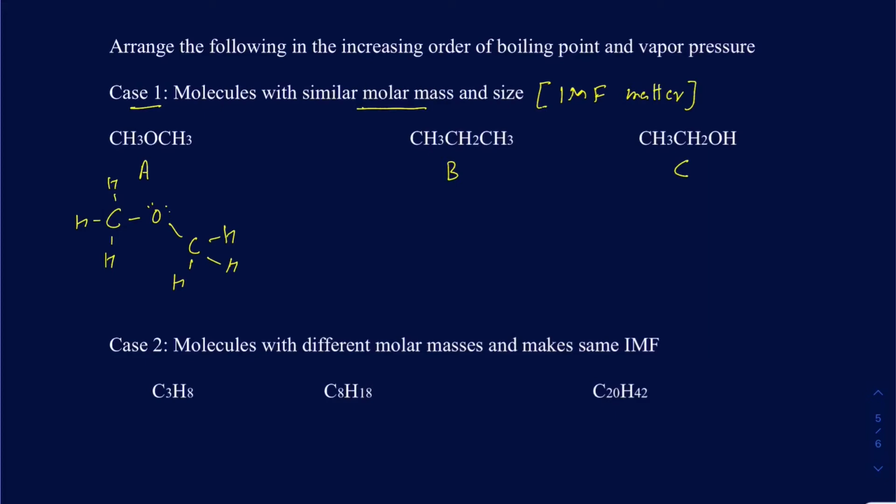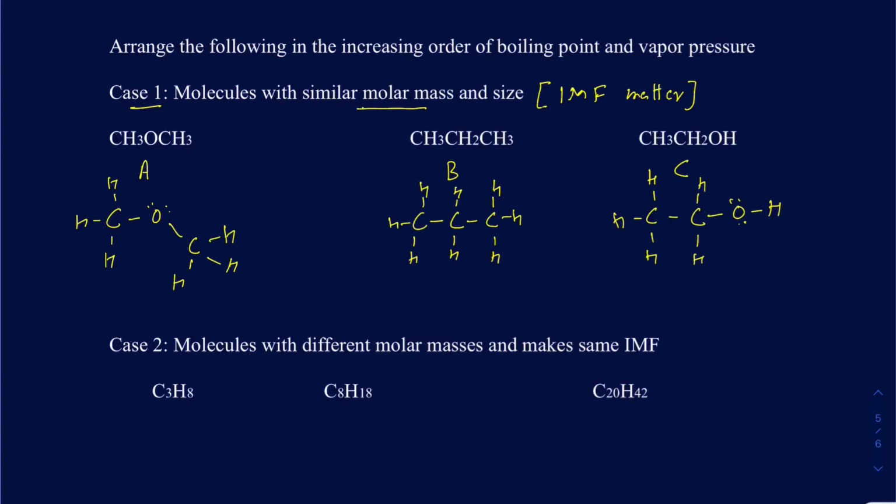When you look at the second one, we have 3 carbons in the chain, the first and the third carbon getting 3 hydrogens each, and the second carbon getting 2 hydrogens. And when you look at the third one, the first carbon getting 3, the second carbon getting 2 hydrogens, and then you have an OH. Now in this particular case, you do have an oxygen directly bonded with your hydrogen.